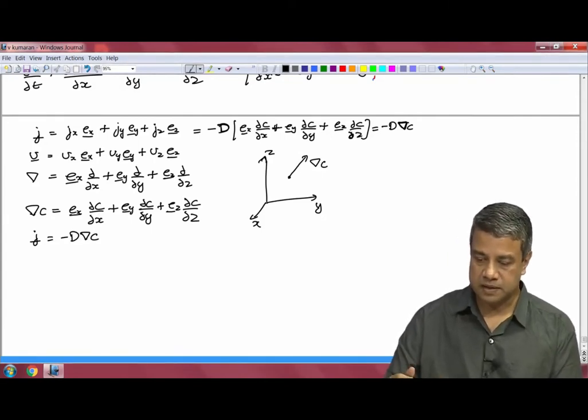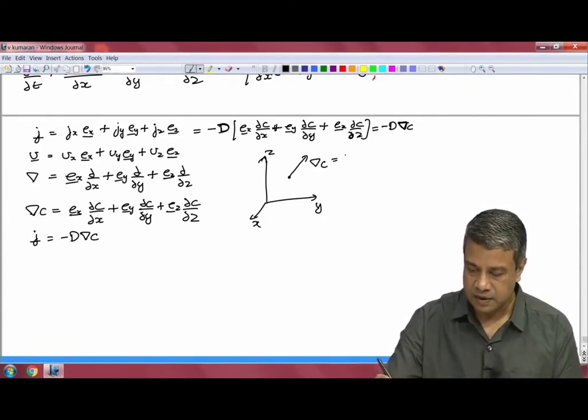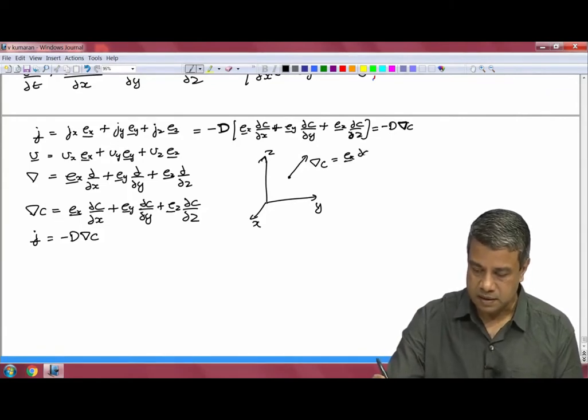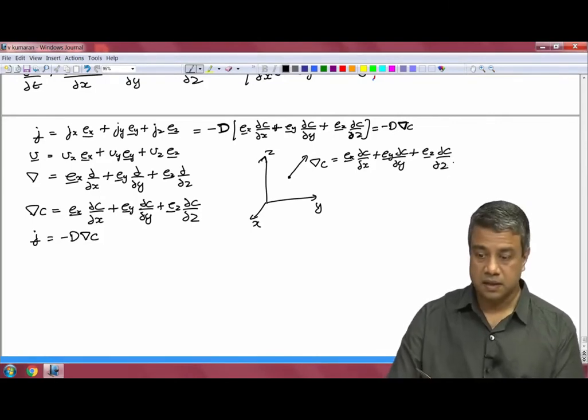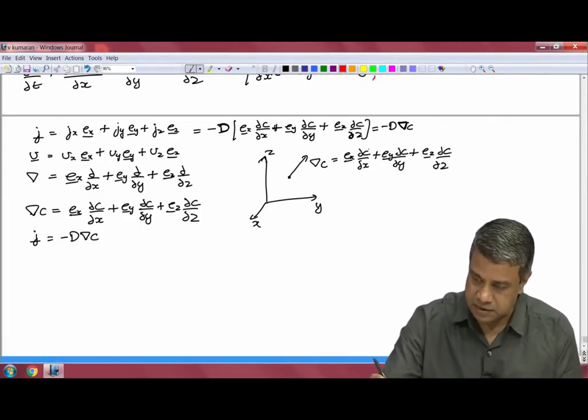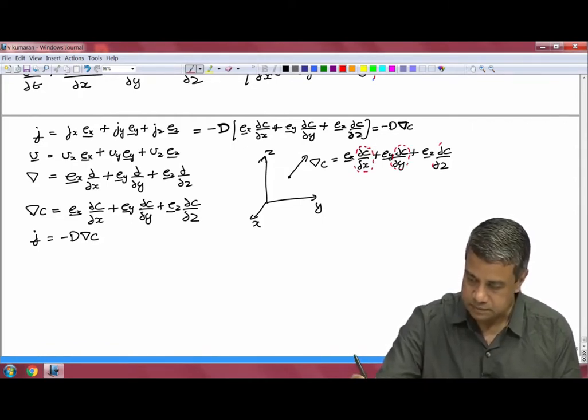The components of this vector are Ex partial C by partial x plus Ey partial C by partial y plus Ez partial C by partial z. These are the components of the concentration variation.